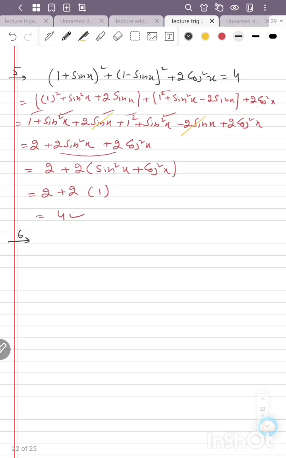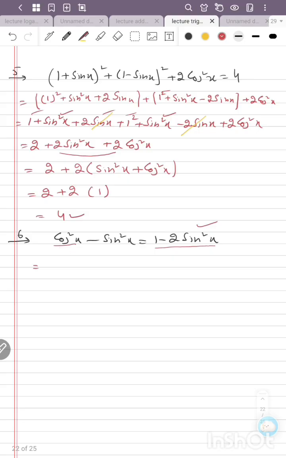Question 6 is cos square x minus sin square x equals 1 minus 2 sin square x. Okay, how do we solve this one? Look, there is sin square, so we have to convert. There is no cos square x on the right hand side, so we will convert the cos square x. Because there is no cos square x, we have to convert every value into sin x.